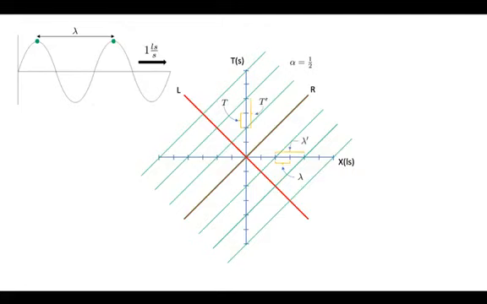We will then have that t prime is 1 over alpha times t, and lambda prime is 1 over alpha times lambda. If we now define the temporal frequency ft as the number of oscillations per second, which is 1 over the period, and the spatial frequency fs as the number of oscillations per light second, which is 1 over lambda, we get the law for the transformation of frequencies.